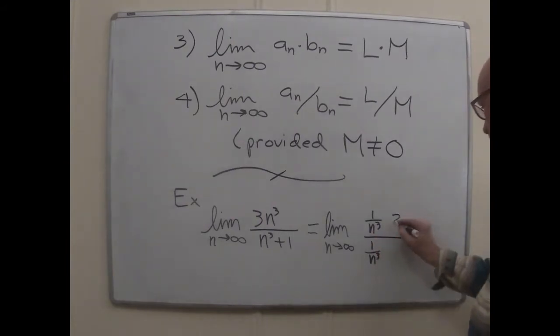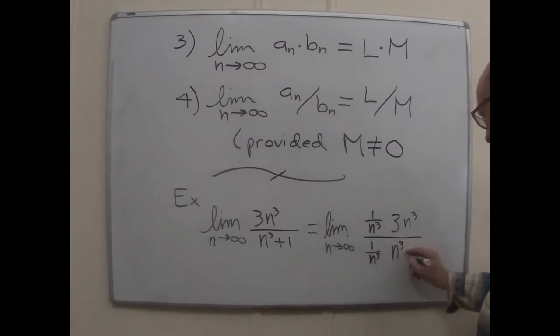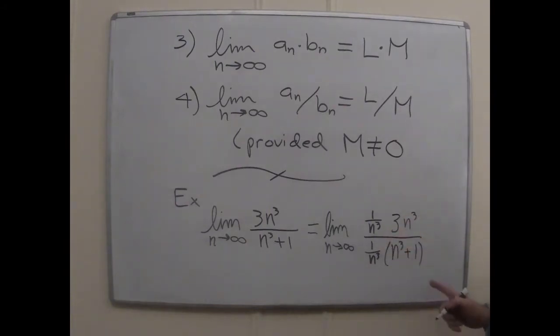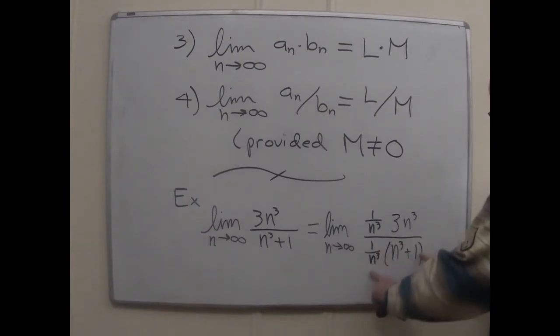The top still has the 3n cubed in it, and the bottom has the n cubed plus 1 in it. The reason I chose this is so that the top just ends up being a 3. The n cubed and the 1 over n cubed cancel each other. And then the bottom we get 1 plus 1 over n cubed.